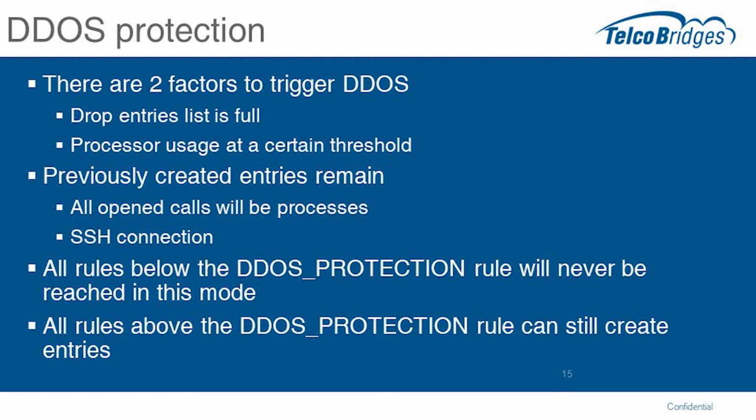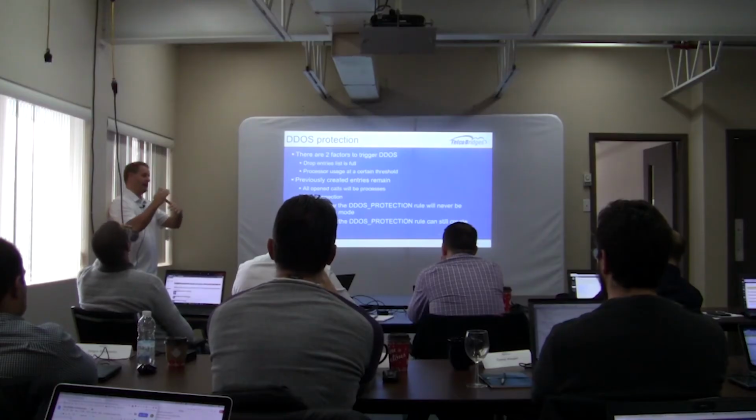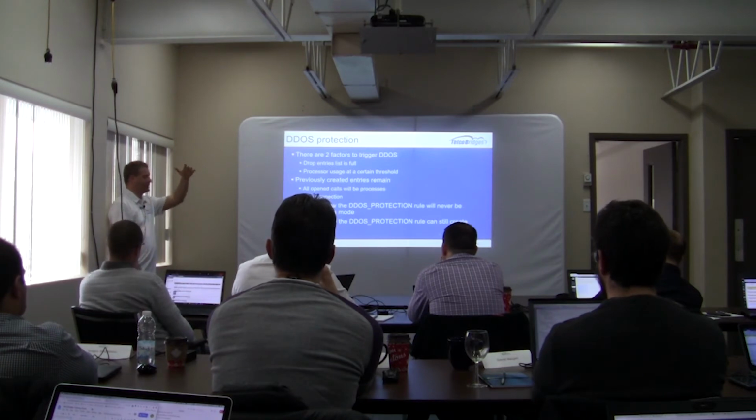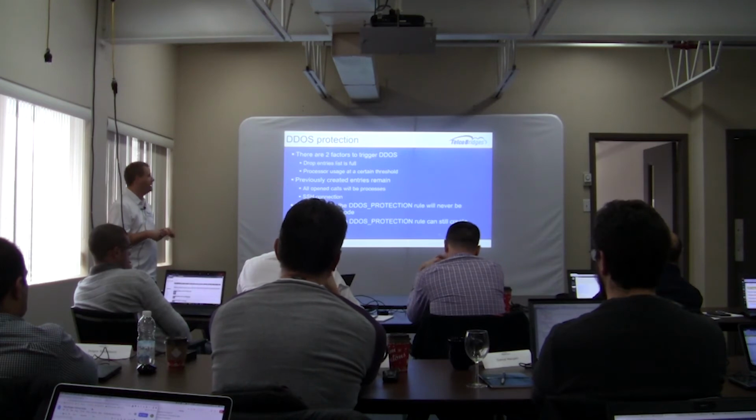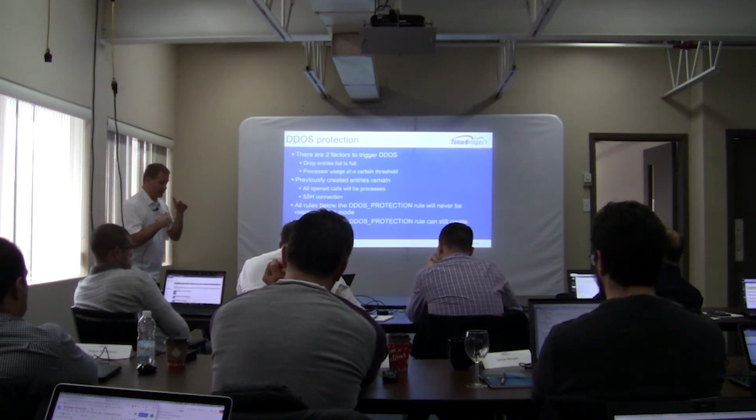But maybe we get another source and it also crosses the threshold, so we add another drop entry, and then we have maybe a long list of drop entries. Or our CPU usage, the one the router is using, finds that the processor is running high.